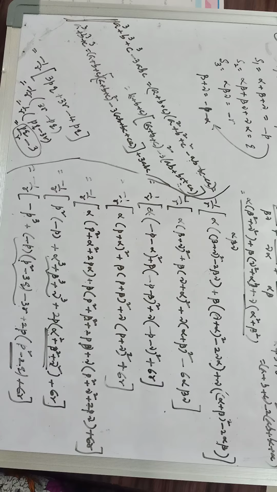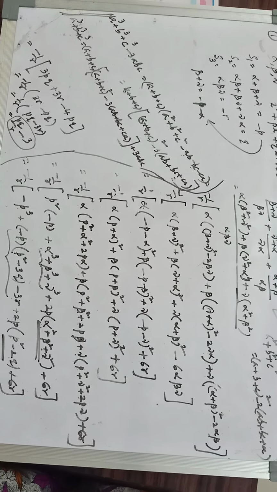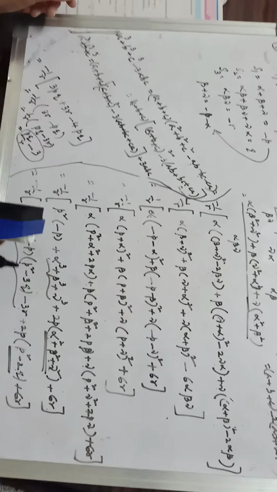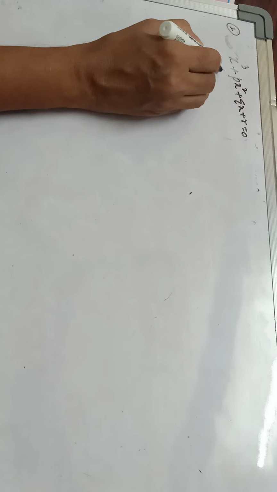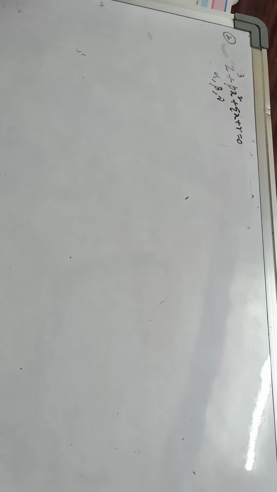Now let us move to another problem which I have given for homework. Now the second problem is like this. This is also given for homework. For the same equation, x cube plus p x square plus q x plus r is equal to 0, we are given that alpha, beta, gamma are the roots.